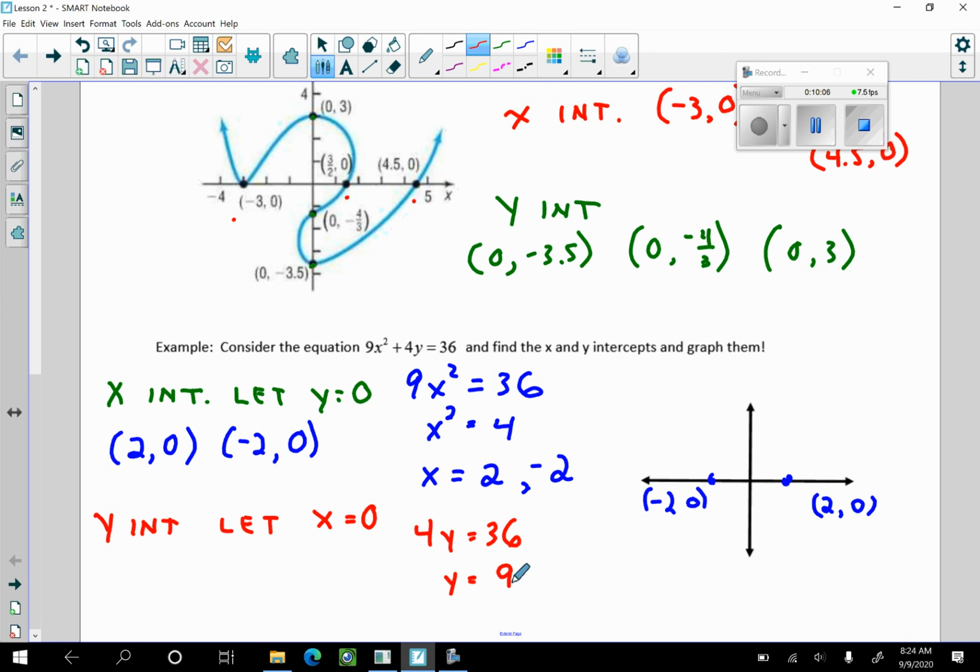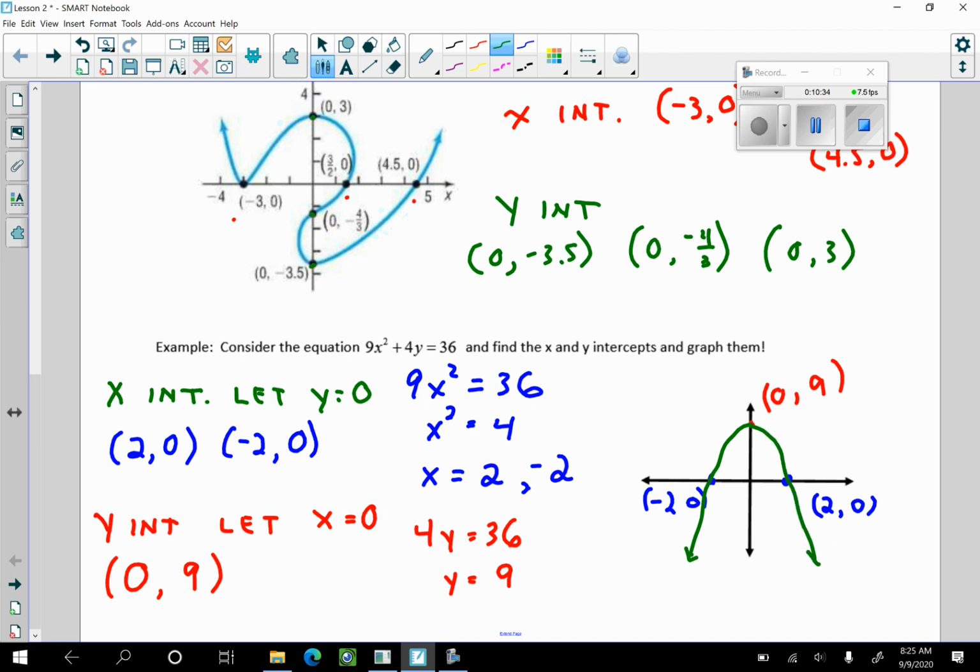Therefore, y is equal to 9. And my y-intercept is going to be 0, 9. So let's plot that bad boy right there, 0, 9. And we will graph. Oh, heavens. It looks like this parabola opens down.